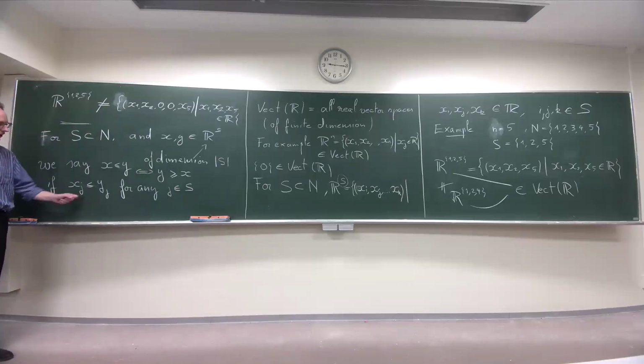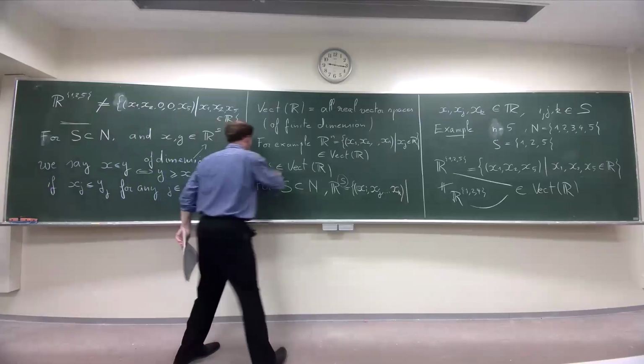So each entry of these two vectors, you compare them. But of course, they have variables only indexed by j. So in my example here, you compare x1 with y1, you compare x2 with y2, and x5 with y5. And if you have this inequality for all of them, you say that x is smaller than y. Okay. So again, it's not the lexicographic order.